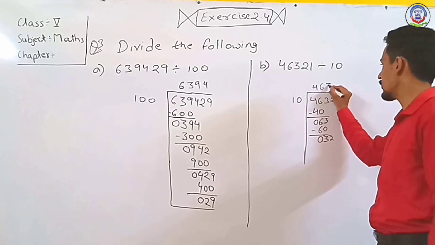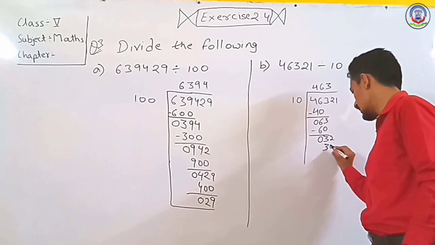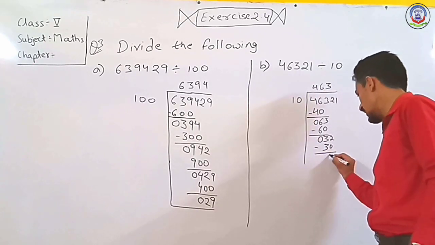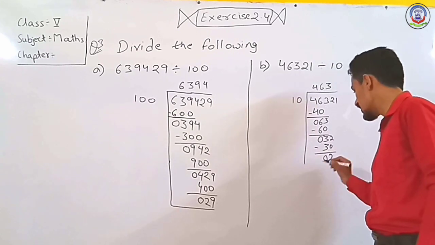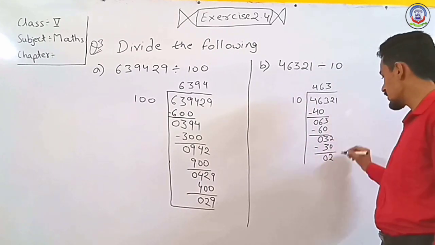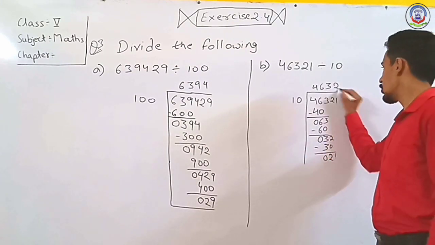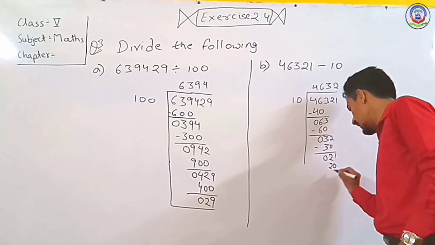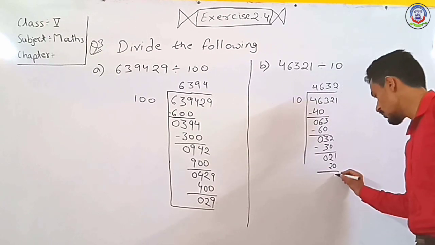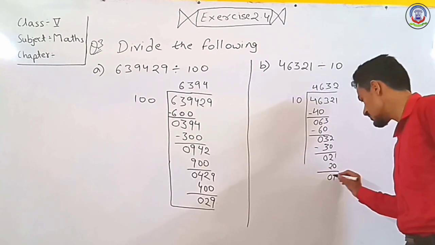So it comes in 3 times 30. So we write 2 here and 0 here. Next we have 1, so we write here 1. So it comes in 2 times 20. 1 subtract 0 is 1, 2 subtract 2 is 0.